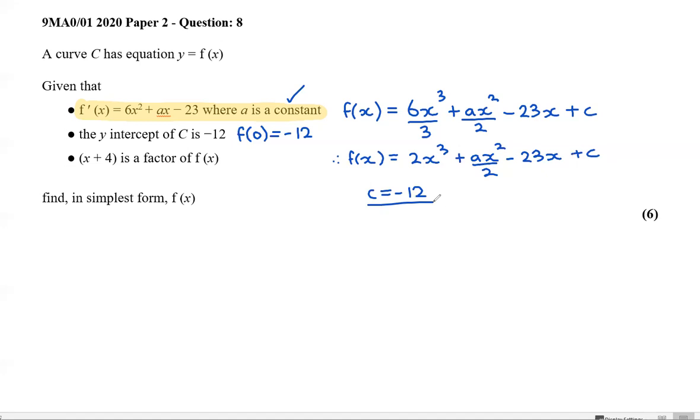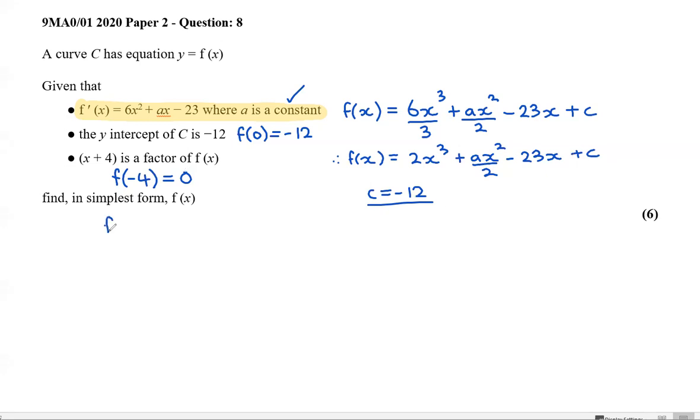We're then told that x plus 4 is a factor. So using the factor theorem, that means that if we sub in negative 4, we also get 0. Okay, for reasons which I've been over several times in class. All right, so x plus 4 is a factor. We're going to get 0 when we put negative 4 in. So let's do that.